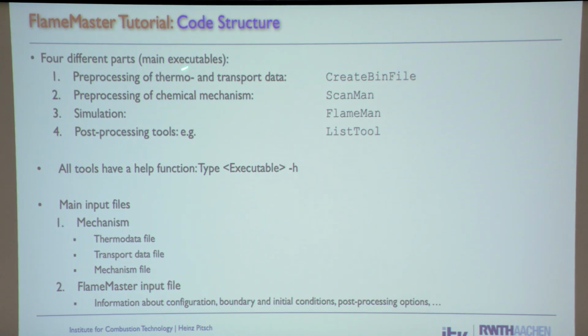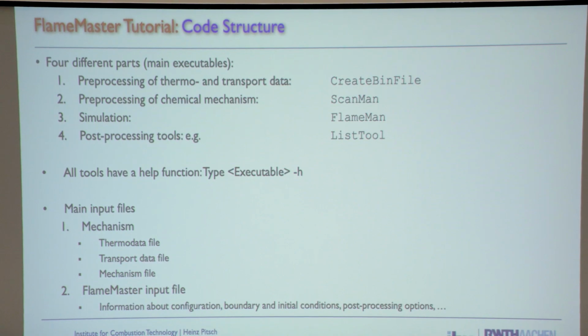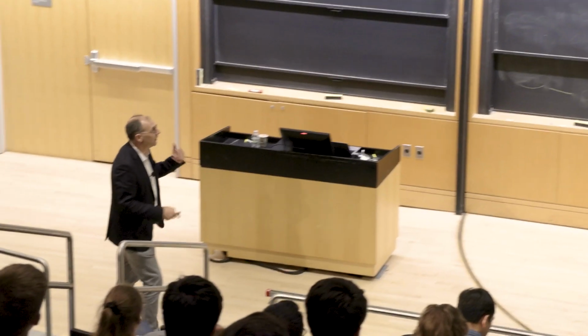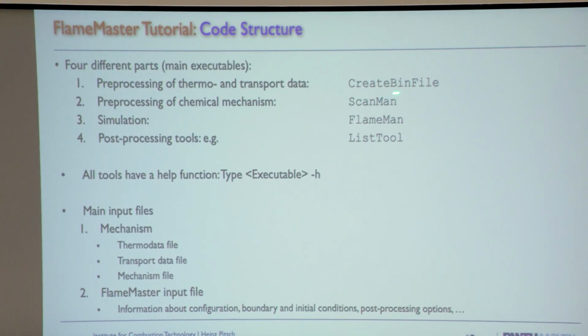Maybe it's not necessary, but that's what this tool, create bin file, does. And then we also convert the mechanism file together with the transport data and the thermo data into a binary file that has all the information about the chemical mechanism, everything you need. That's the ScanMan tool.